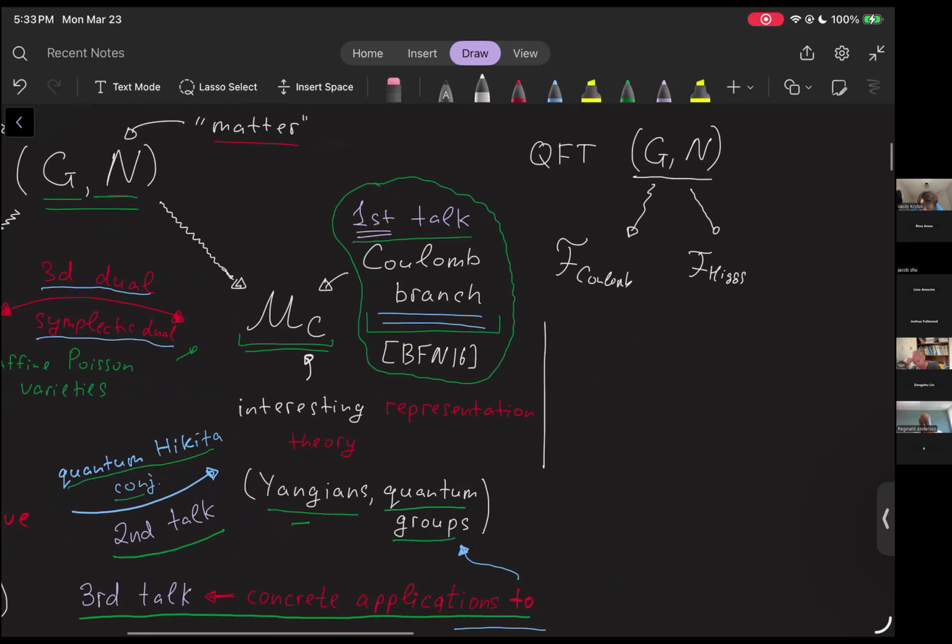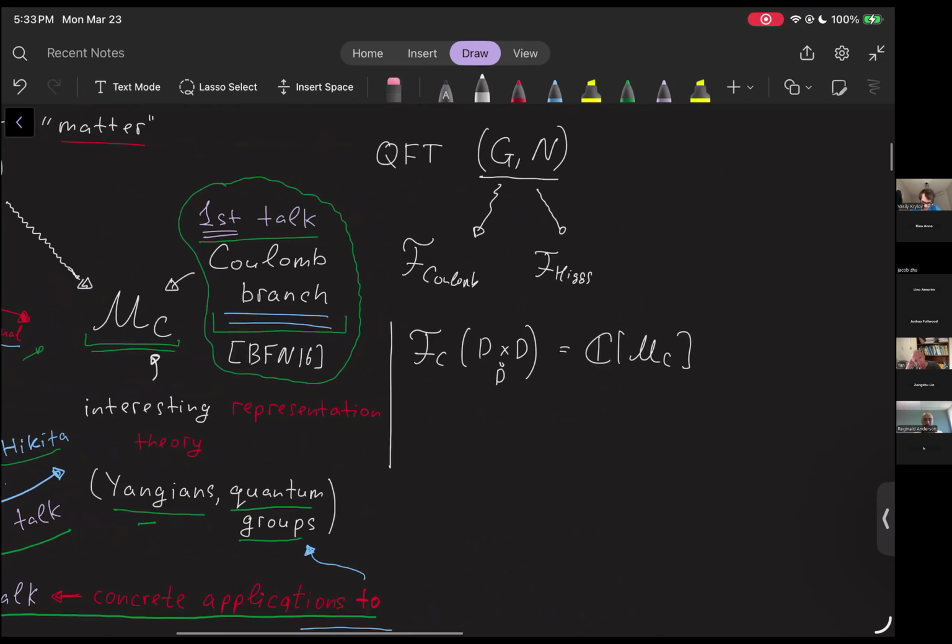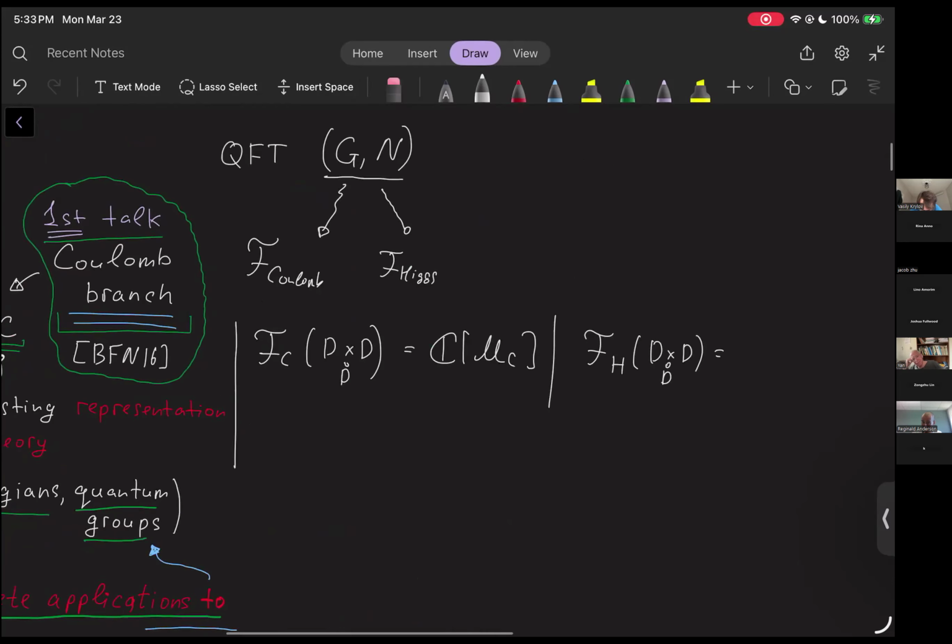For me, they are determined by the following property: if you take this F_C, the Coulomb twist, and evaluate it on this Riviola space, on this D cross D over D circle, then you will get functions on the Coulomb branch algebra. And if you evaluate this F Higgs on the same product, then you get functions on the Higgs branch.